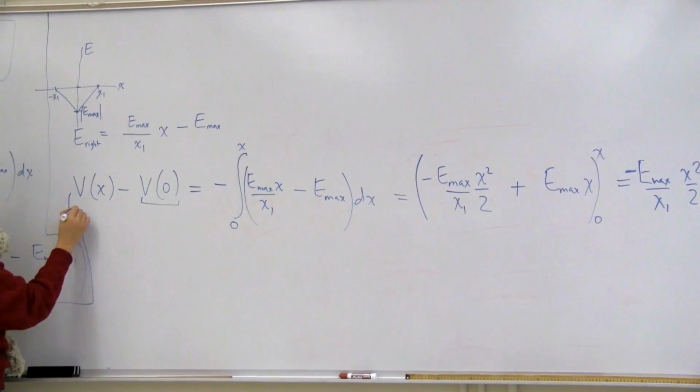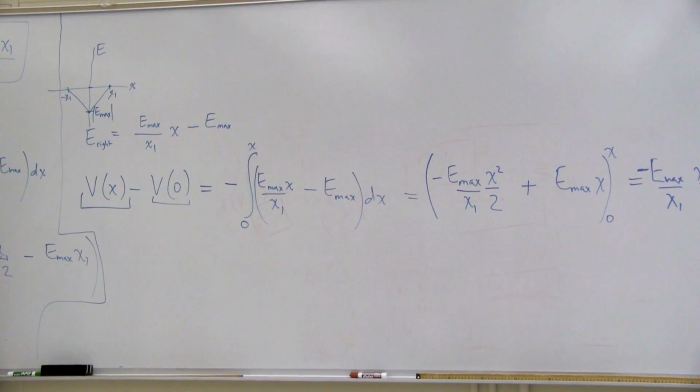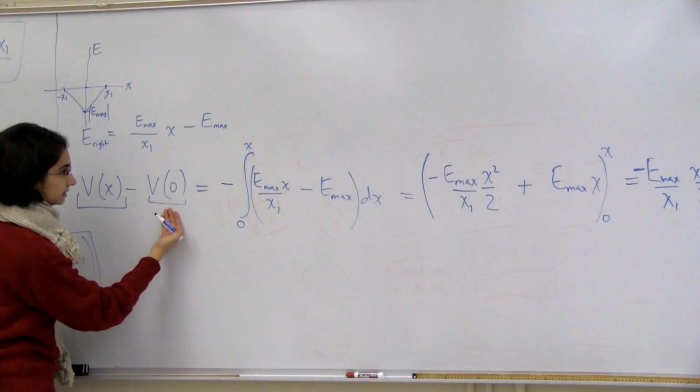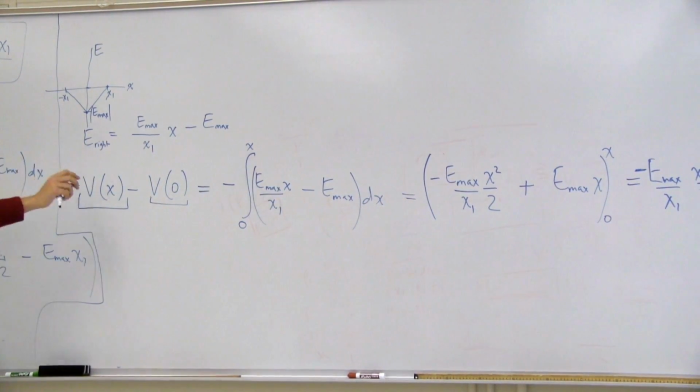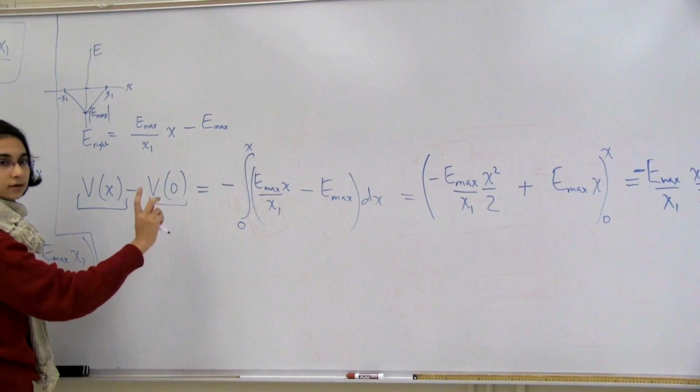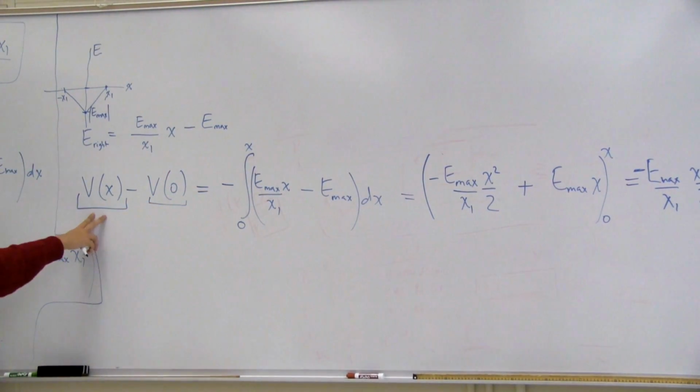Now what we were asked for was just V of x, right? So I'll take that to the other side, which is adding. I'll be adding V of 0 to that expression, to get just this.